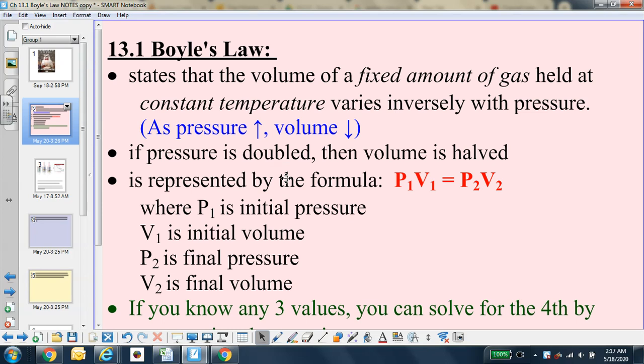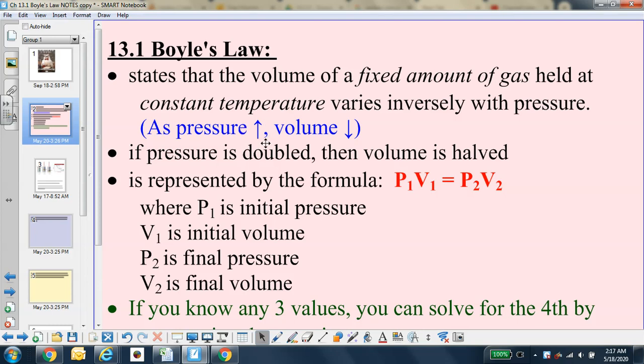So I hope you have your Boyle's Law notes handy and a calculator. And if you watched the little video that I had assigned to you, you would know that Boyle's Law has to do with volume and pressure. We're going to maintain a constant temperature and have a fixed amount of gas that doesn't change. So if we increase the pressure, the volume actually decreases, or vice versa.